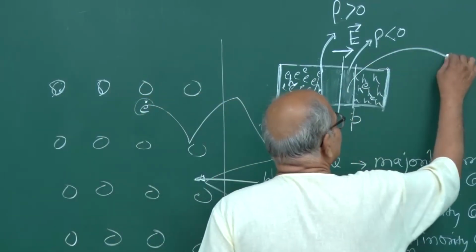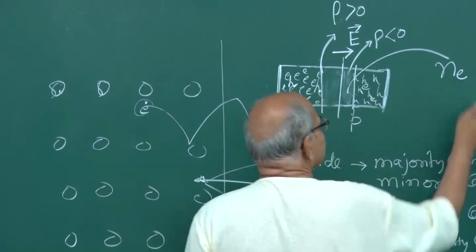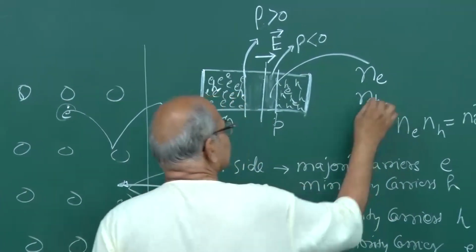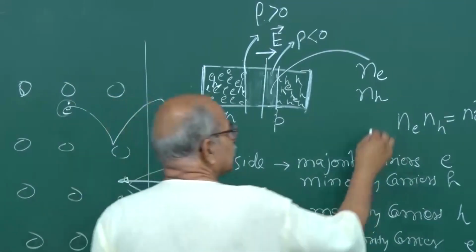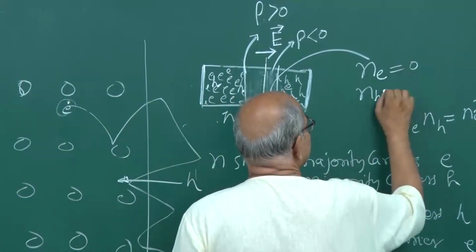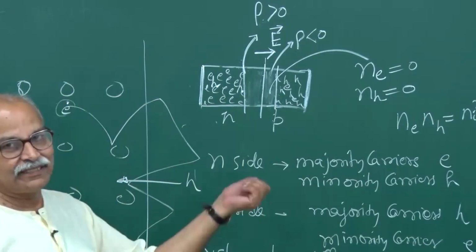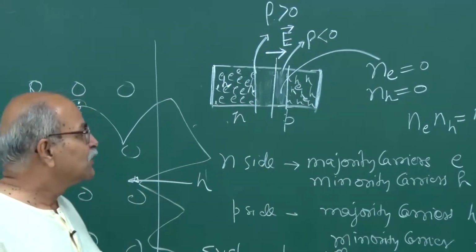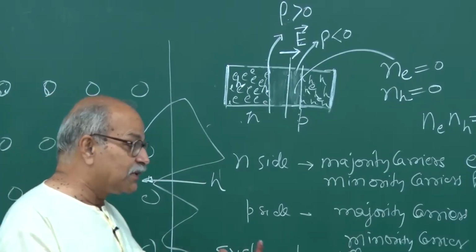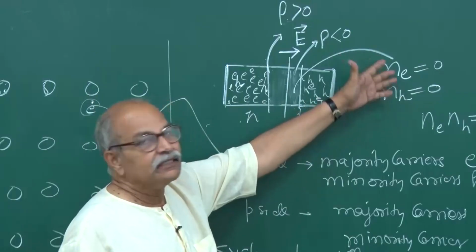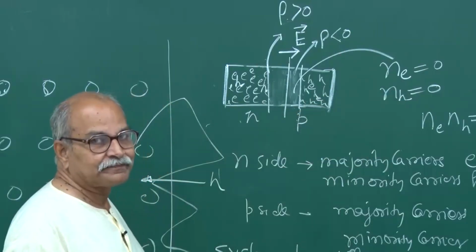Okay. So, the number of electrons per centimeter cube, or number of holes per centimeter cube, becomes 0. 0 means negligible, 1 or 2 here and there may still be there, but not enough to be observable in a circuit. So, this is almost 0.